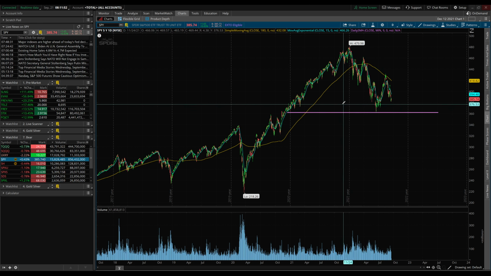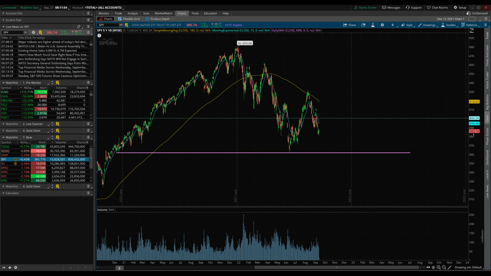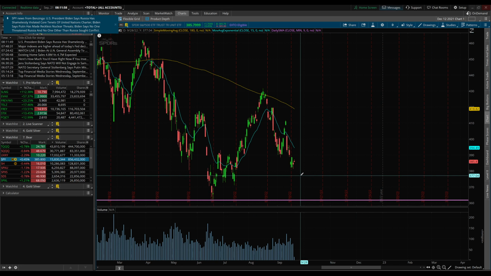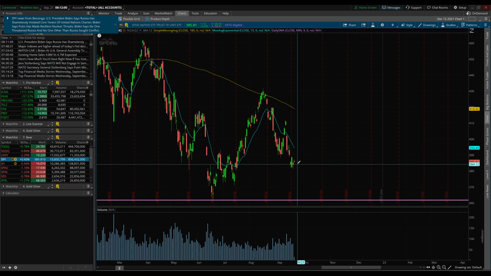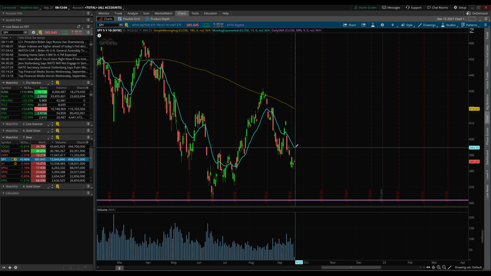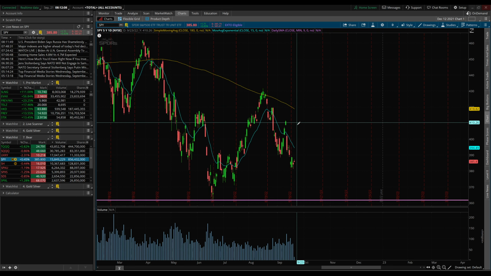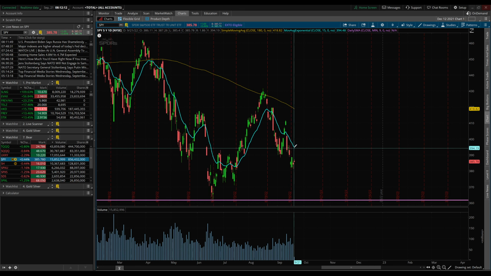But currently, the stock is around 385 right now, and it's making decent progress in the bearish direction. As you can see, the SMA is pointing downward, and the EMA is pointing downward.